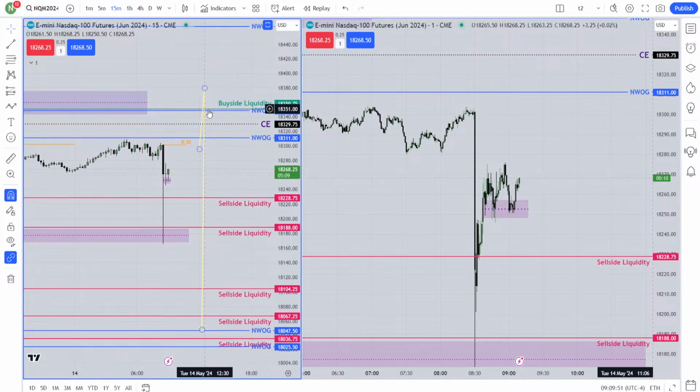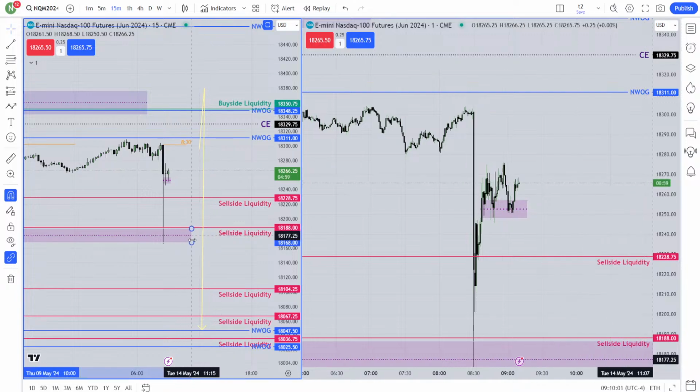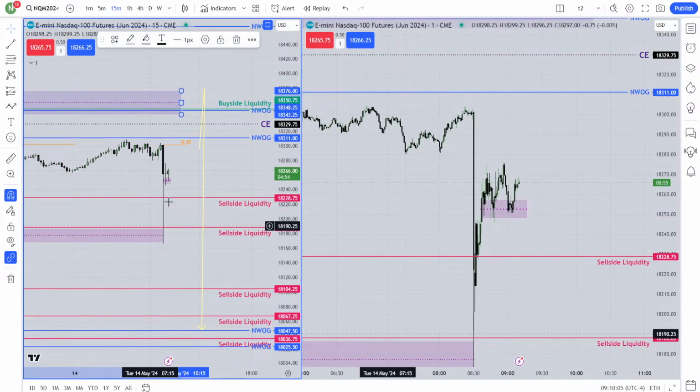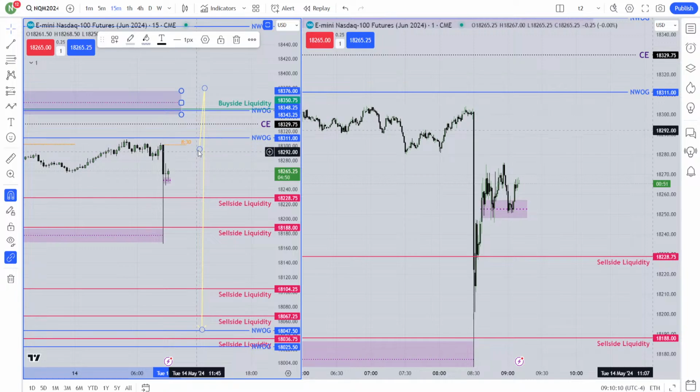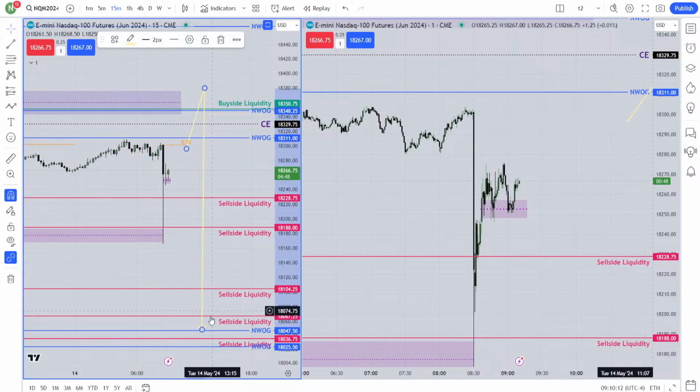As we have the Powell speech, the market has more probability to consolidate around this area. See this 15-minute parabolic gap and this hourly parabolic gap, price will be inside this range. If it happens, then this is going to happen tomorrow around 8:29 and 8:30.